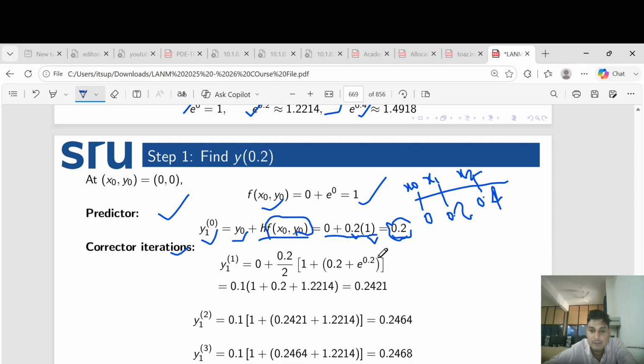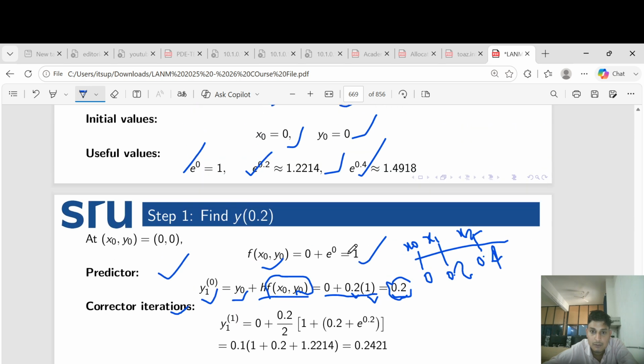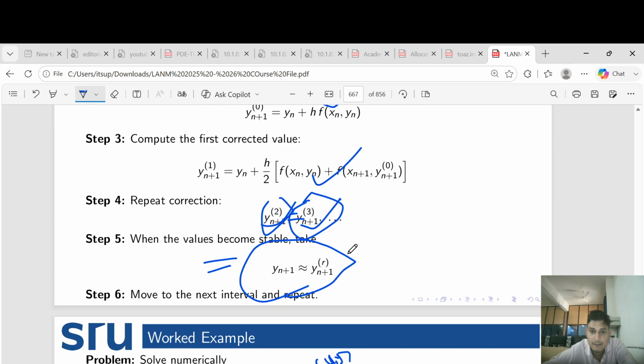So the x1 value is 0.2, plus e^0.2, x1 plus y1 at 0. Here you can see x(n+1) comma y(n+1). So x(n+1) means x1, and x1 means 0.2.